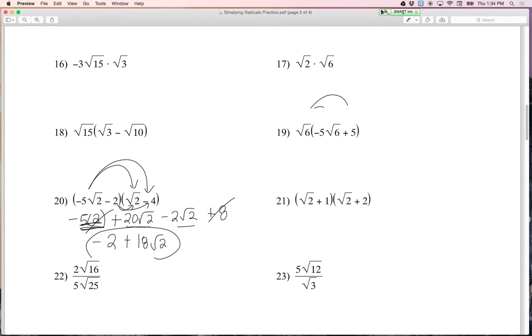Root 2 times root 2. 2. Plus 2 root 2. Plus root 2. Plus 2. What do we end up with? 4 plus 3 root 2.